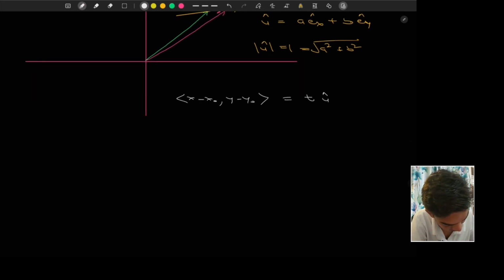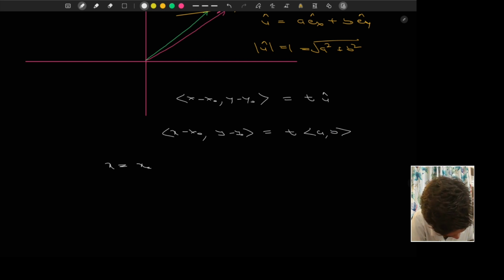If I separate it out, then x minus x0, y minus y0 is equal to t(a ex cap plus b ey cap), or in my notation, just a comma b. If you compare, you will find x is equal to x0 plus at and y is equal to y0 plus bt.